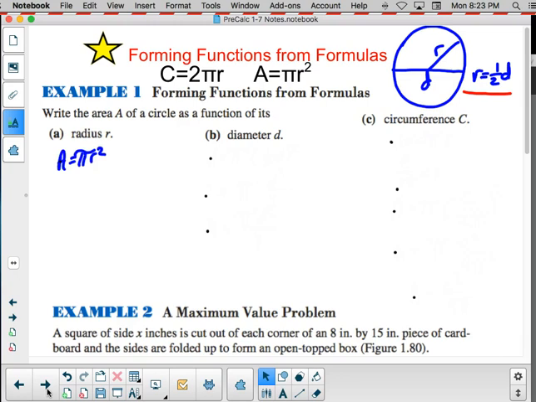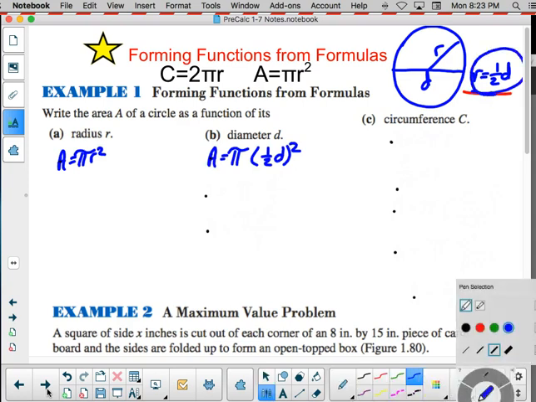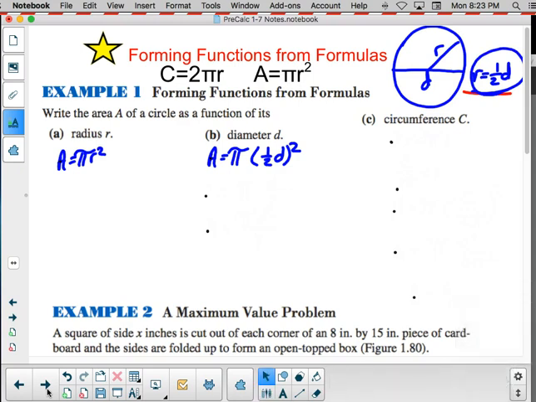Now, area as a function of its diameter, because a radius is half a diameter. So as a function of the diameter, we're looking at pi times half diameter squared for the area.